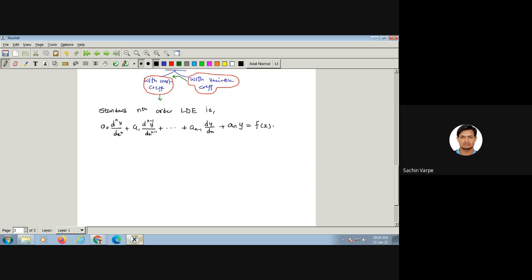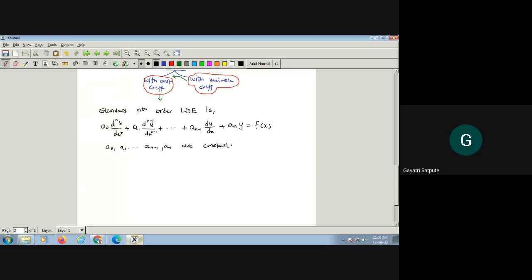First of all, tell me what is the dependent variable and what is the independent variable here. Where of course these a naught, a1, and so on, a n minus 1, a n are constants. My question is, what is the dependent variable and what is the independent variable involved in this equation?